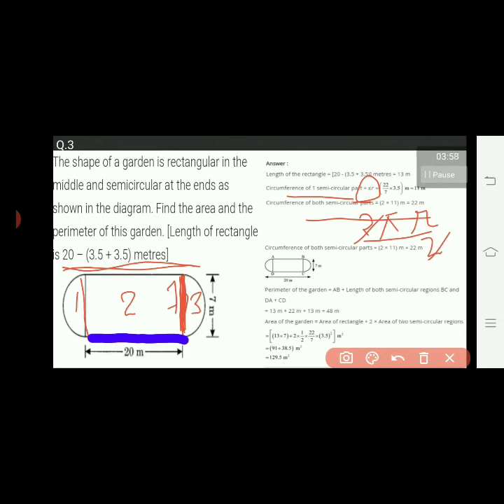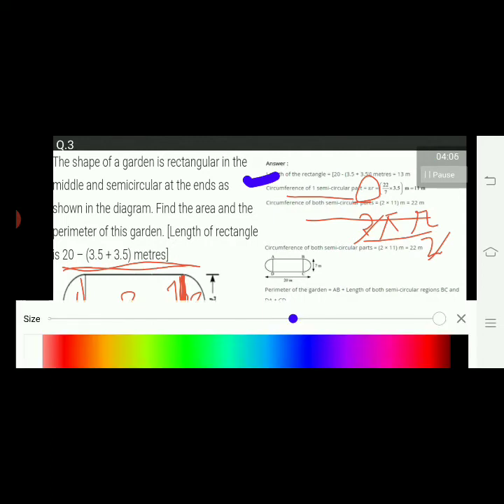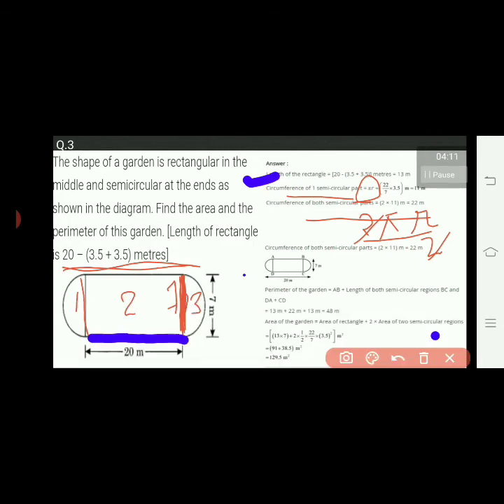तो side of a rectangle अगर आप observe करोगे आपके solution की first line जो है, ये पूरा वाला जो है, this full, ठीक है, this full is of 20. तो रेक्टेंगल वाला कितना बचा, 3.5 इधर से कम किया, ब्लू वाला पार्ट देखो, और 3.5 इधर से कम किया, टोटल कितना कम हो गया आपका 7. तो 20 minus 7 is what, ये 13. 13 plus see this blue part, this is the semicircle. So see 13 plus this semicircle plus this one side, this is again 13 and this semicircle.